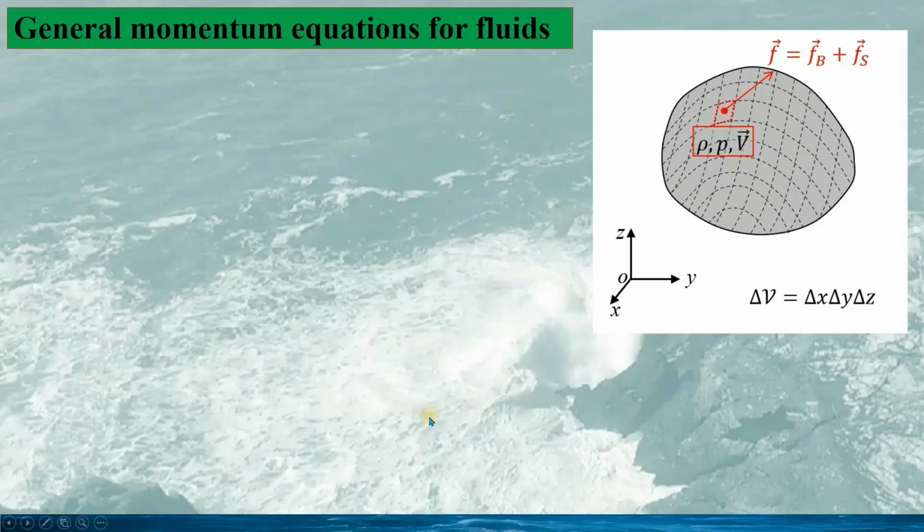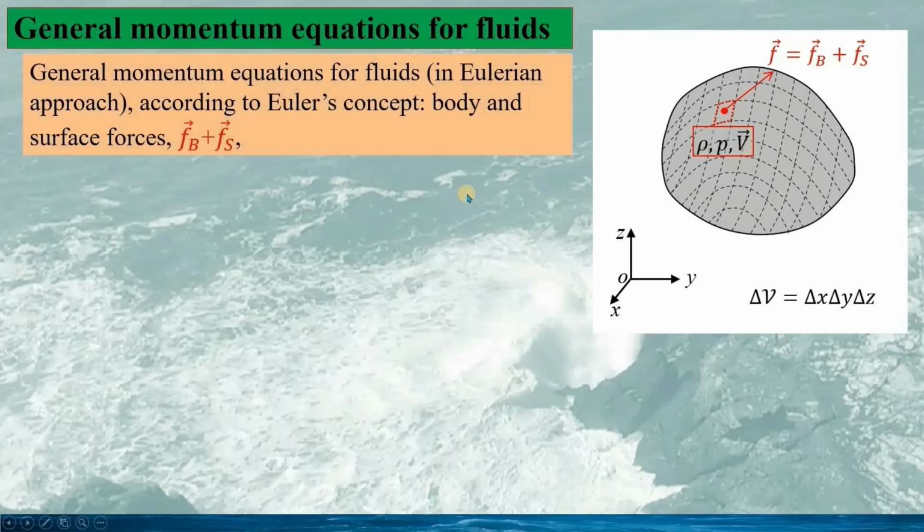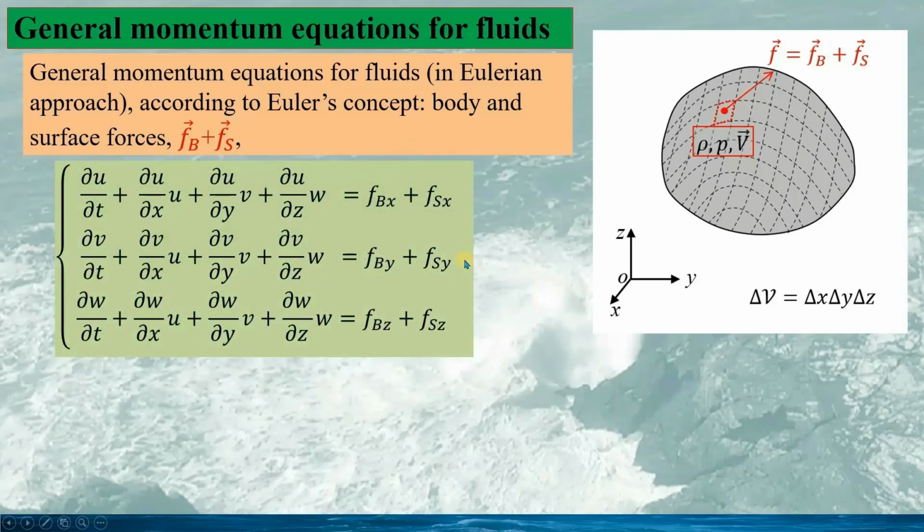As I have introduced, in Eulerian representation, the fluid domain is discretized into many small regions, see here. In the Eulerian representation, the fluid states include the density, pressure, and velocity vector. So the general momentum equation for fluid motion is given like this in the Eulerian representation, with three momentum equations on the x-axis, y-axis, and z-axis.